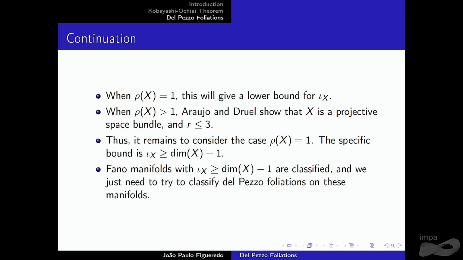So in this case, applying the previous lemma, we can show that the index of the foliation is at least dimension of X minus 1. And for these Fano manifolds of Picard number 1, we have a classification. So we just need to characterize del Pezzo foliations on these Fano manifolds.